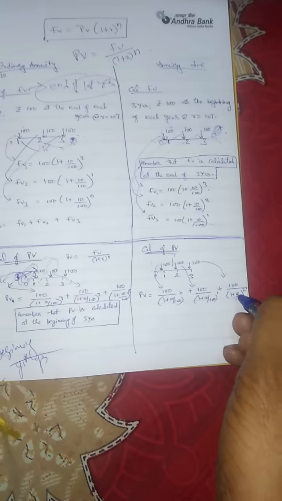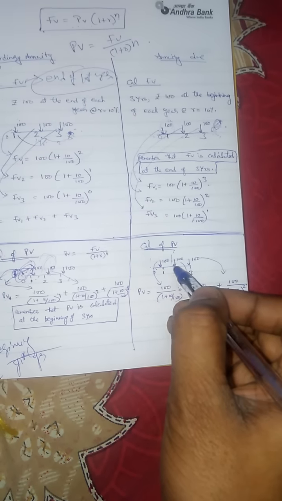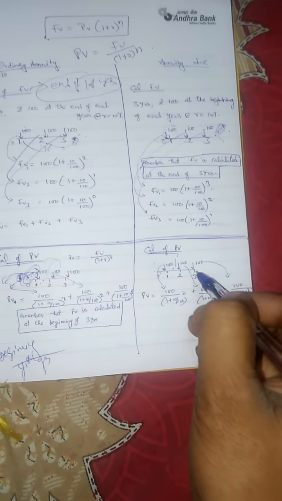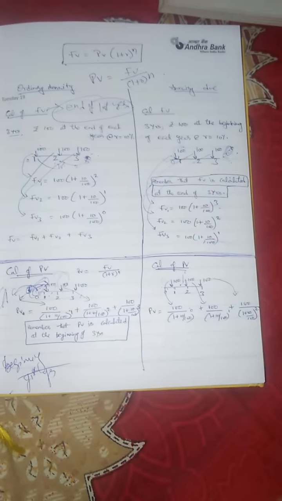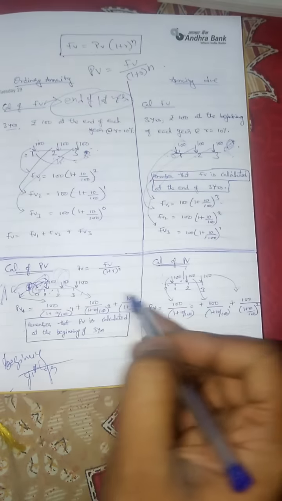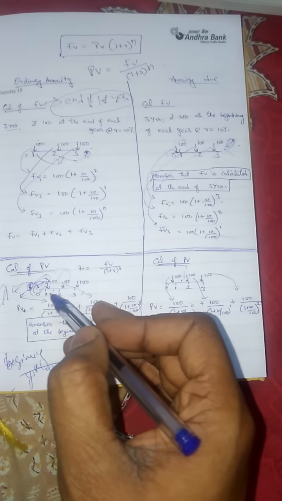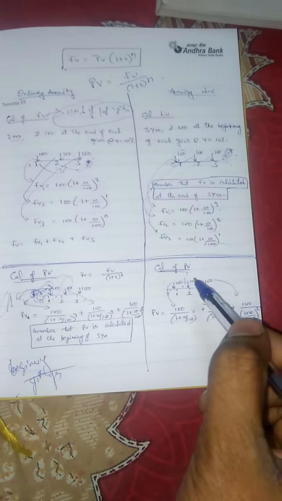Third is 2 years. So 0, 1, 2. Whereas in calculation of present value of the ordinary annuity, it is 1, 2, 3. That is, the first installment will be held for a period of 1 year because it is being received at the end of the period, whereas here it is being received at the beginning of the period.